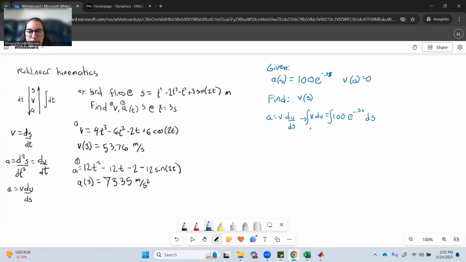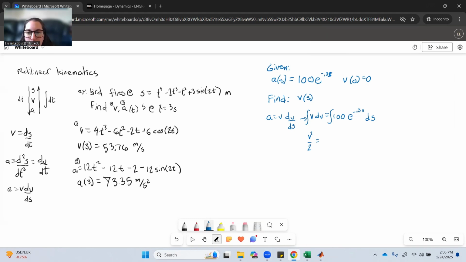All right. So doing this now, if we integrate v, we actually get v squared over 2. So v squared over 2 equals, and now we do this integral with respect to ds. Well, we know that the integral of e to the x is e to the x.